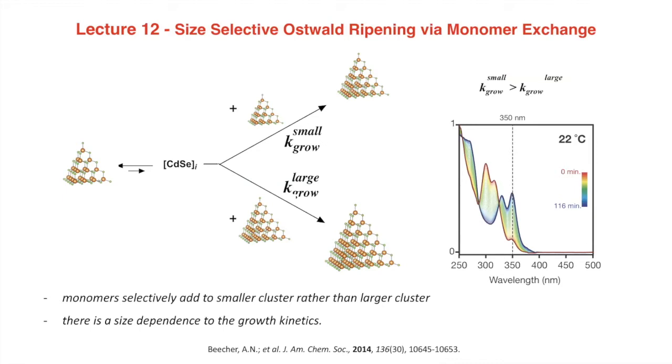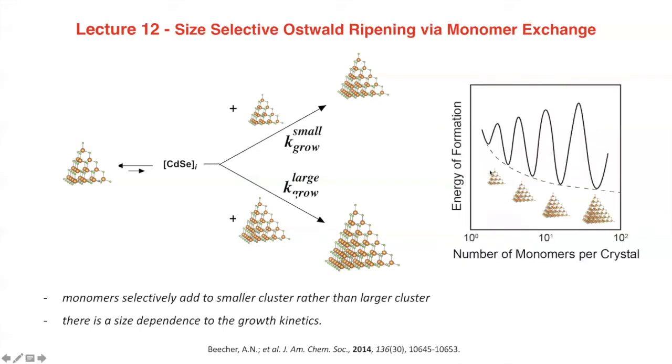In other words, you can get size distribution focusing this way, which is what you're seeing here. You are watching a size distribution focusing process that's happening during an Ostwald ripening reaction, because the small crystallites are more reactive toward growth than the larger ones.